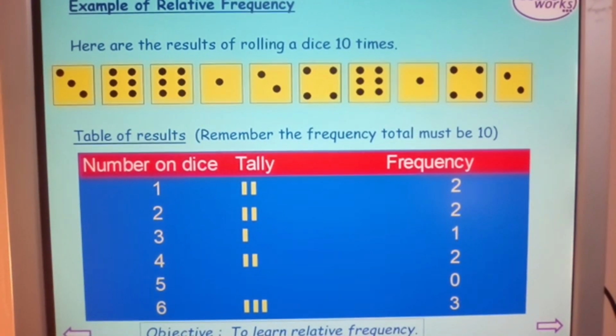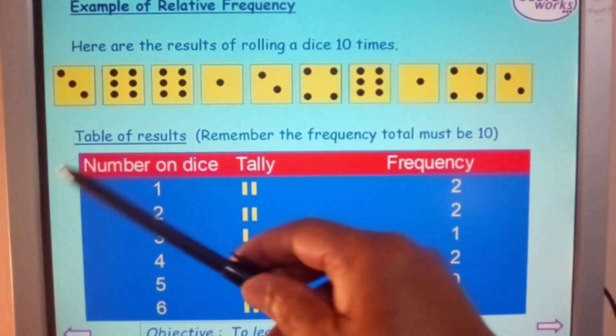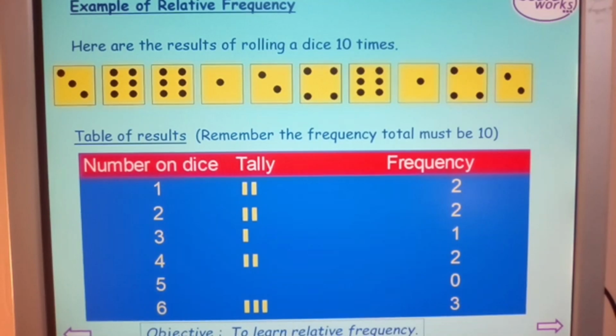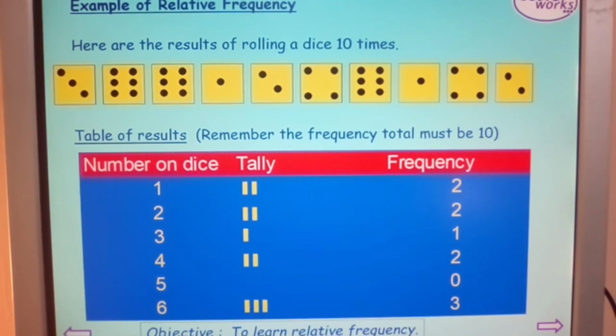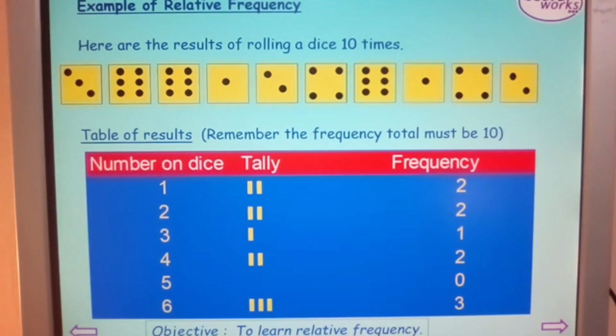Now remember, all of this needs to add up to 10 because the dice was rolled 10 times, okay?